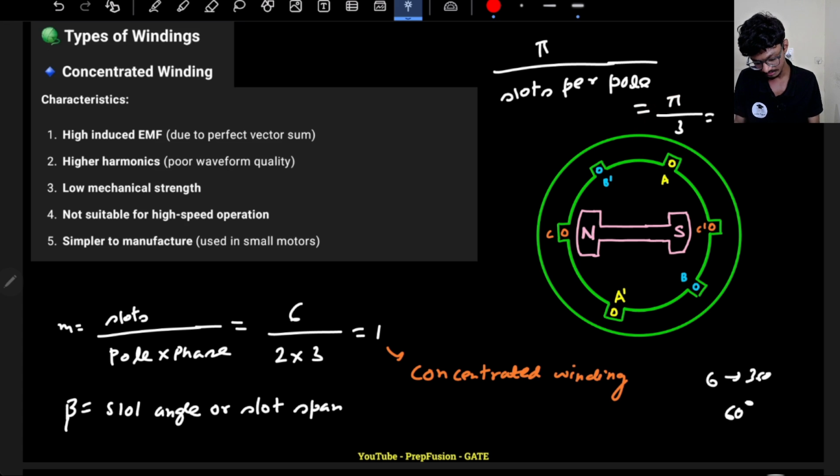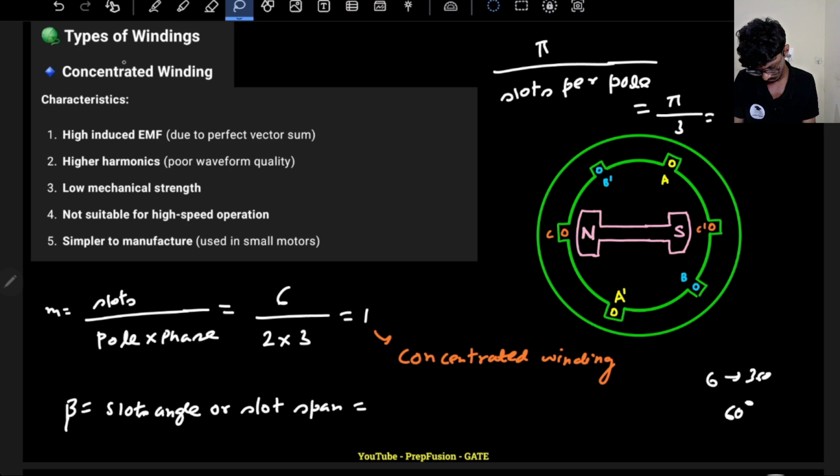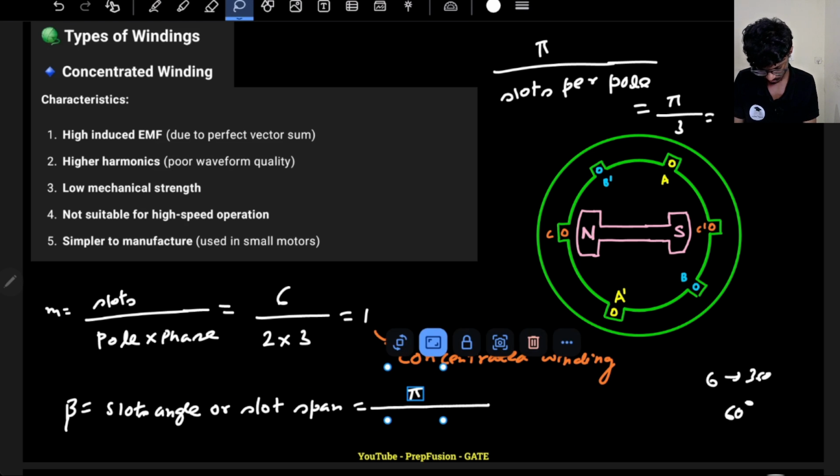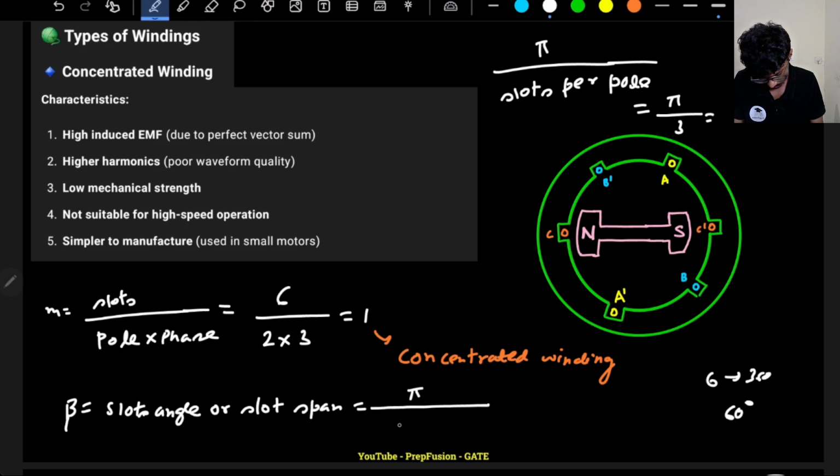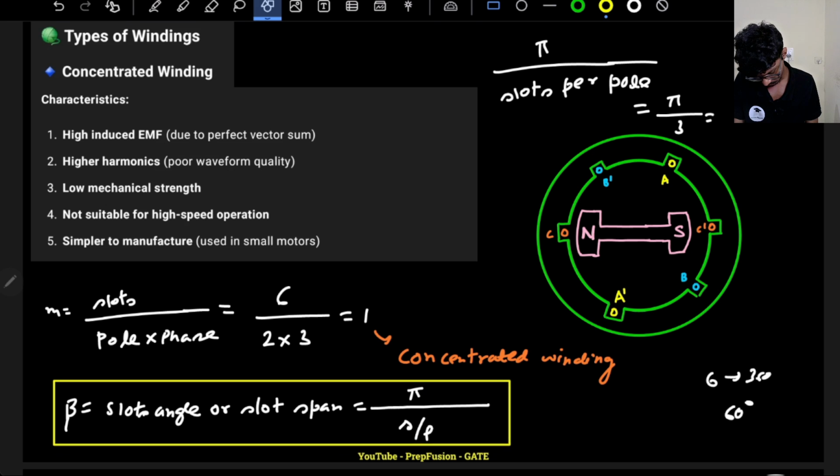So this formula is valid: beta equals pi upon slots per pole, that is S by P. This will give me beta, the coil span, which will be useful.